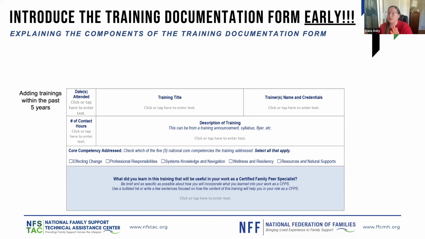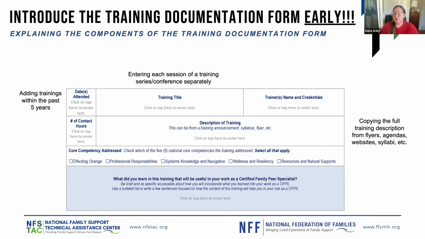For recertifications, it needs to be in the last 3 years. Then we want to know the title of the training. If they went to a conference or a training series, like parts 1, 2, and 3, we want to know each session separately. That's going to help us determine whether or not it truly counts.